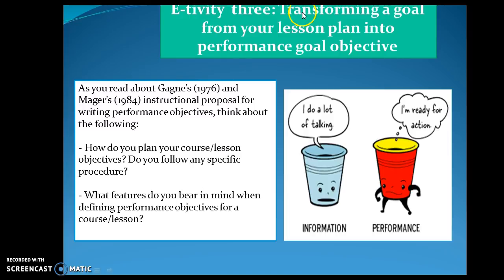So this activity 3, called transforming a goal from your lesson plan into a performance goal objective, right, is basically about selecting an objective that you have in your lesson plan or in your classroom context, and transforming that into a performance-based objective. I have to correct this, it is performance-based objective, right? In which we lead the learner to reach an optimal level in terms of the learning process, right?